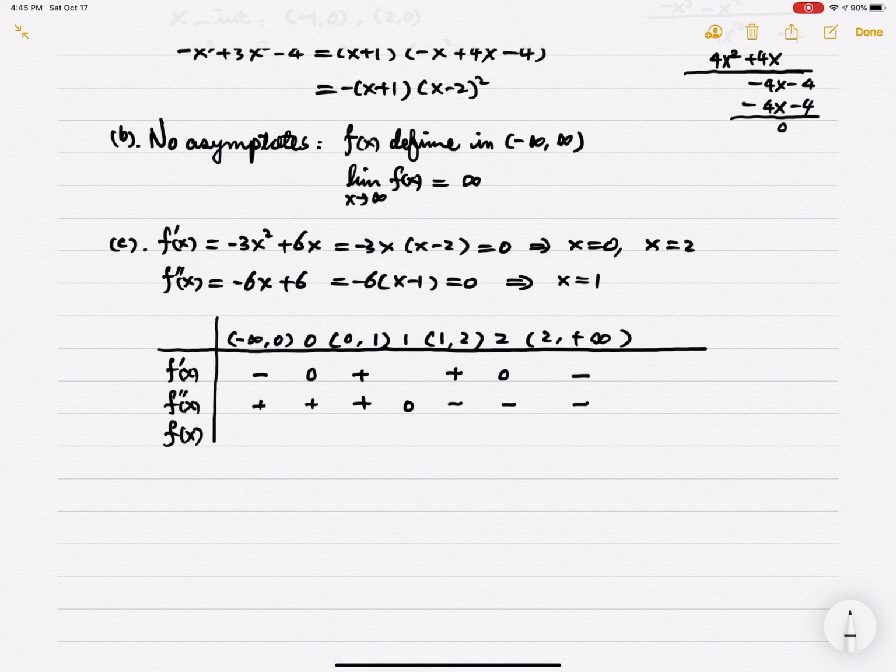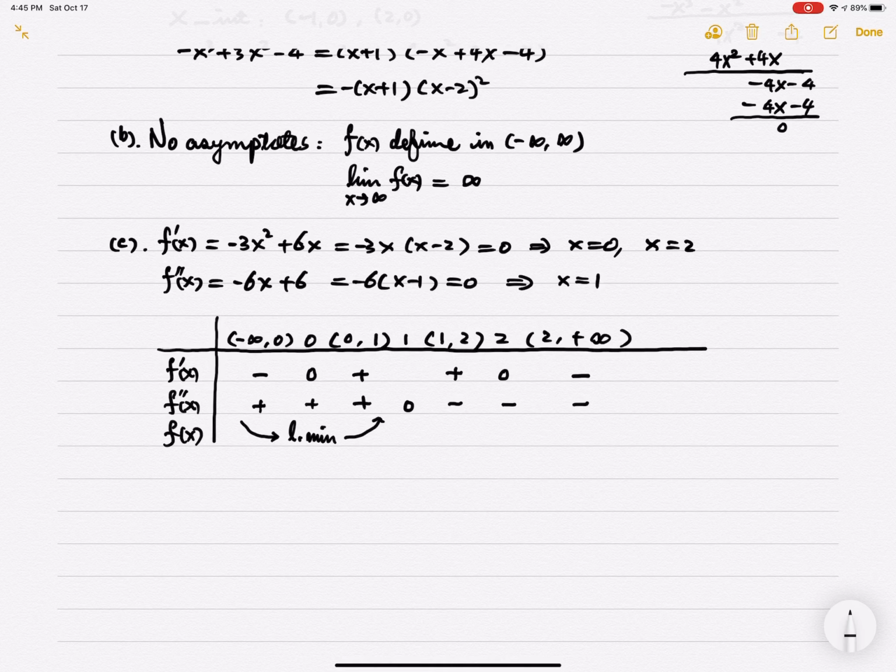So now, on the interval from negative infinity to 0, the function is decreasing concave up, right? We put this symbol. And then the interval 0 to 1 is increasing concave up. From decreasing to increasing, so we say this is the local minimum.